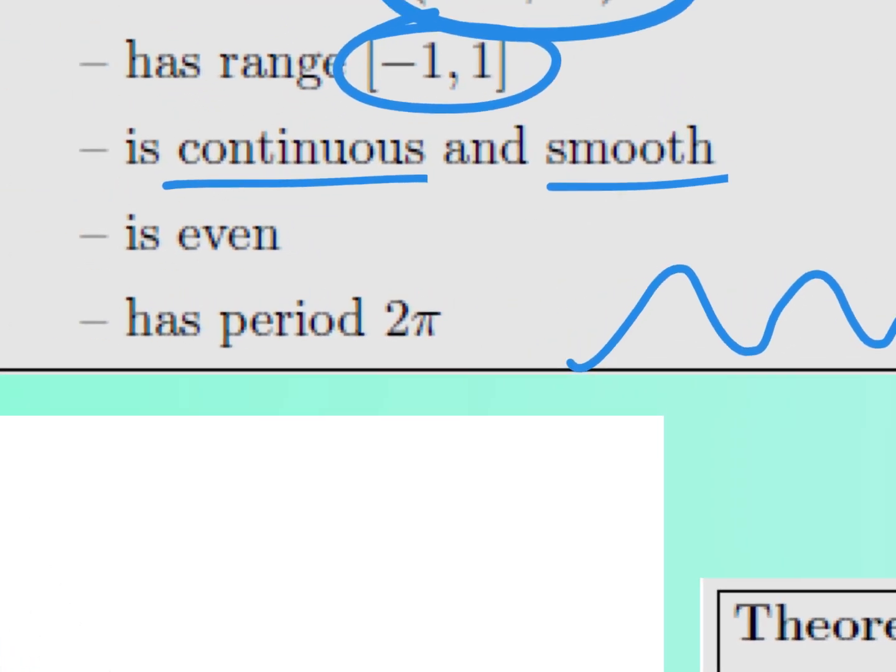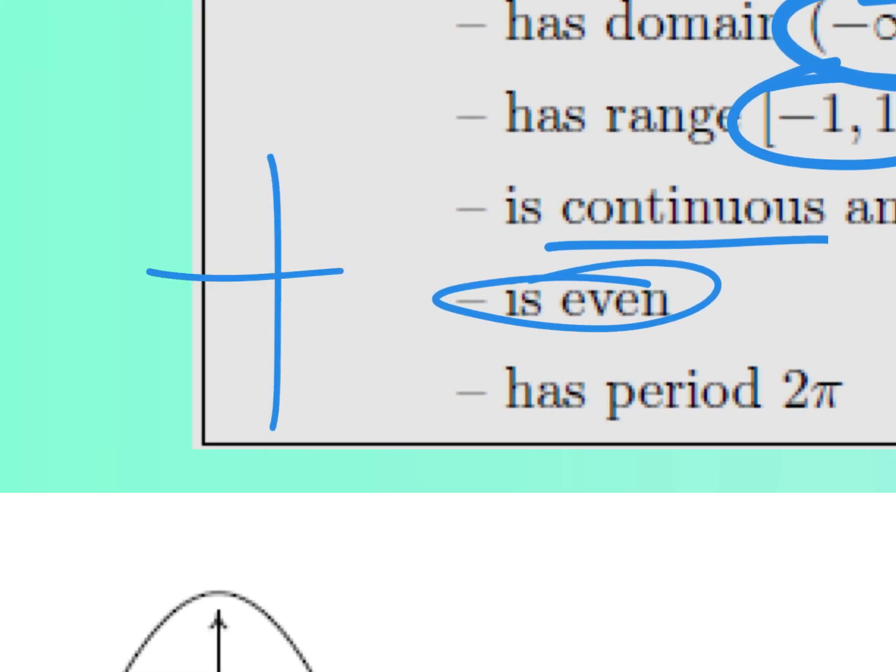And it's even. Do you remember even and odd graphs? How about even and odd powers? Does that ring a bell at least? Okay. Well, we have even. If it's an even function, this was an example of something that was even because it had y-axis symmetry. All right.